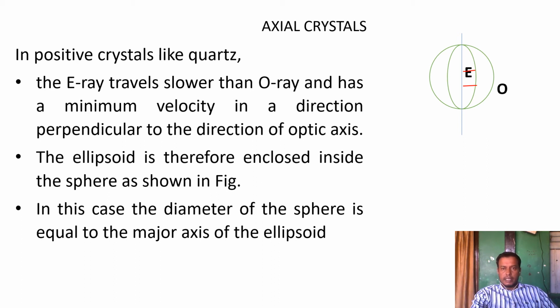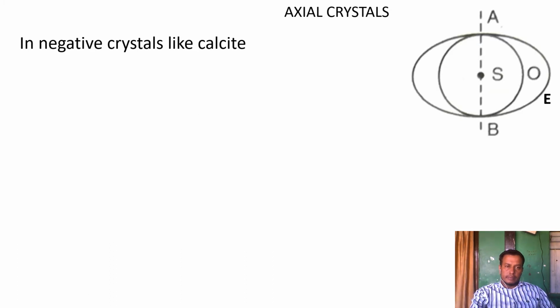In this case, the diameter of the sphere is equal to the major axis. The optic axis is the major axis of the extraordinary ray ellipsoid, equal to the diameter of the sphere.